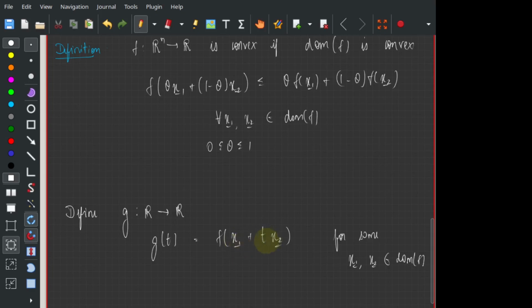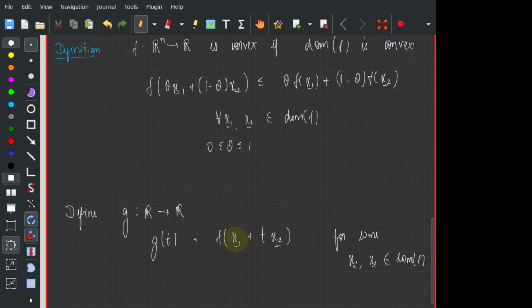And in fact, we only look at those t for which x1 plus t x2 is also in the domain of f. t is a real number, yes. So x1 and x2 are vectors, so these live in Rn, whereas t lies in R.